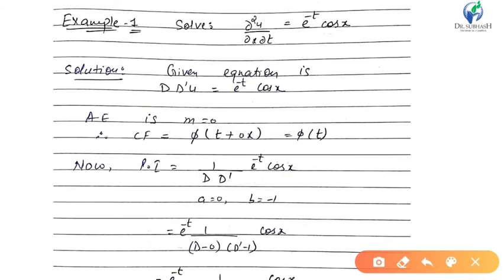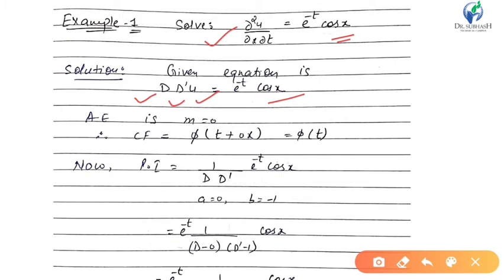See, here it is del square u upon del x del t. Here our function in x and t is equal to e raised to minus t cos x. So the given equation can be written as D dash u, because our function is u, and the RHS term I am writing as it is.